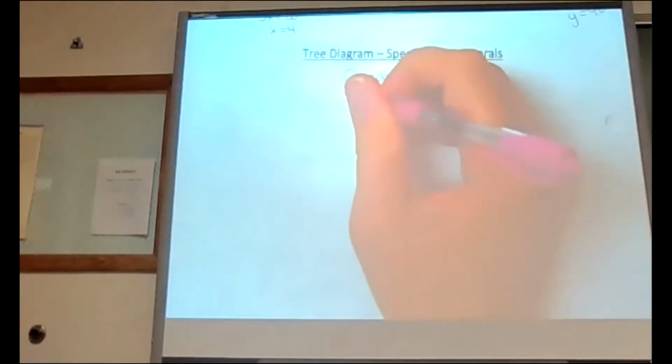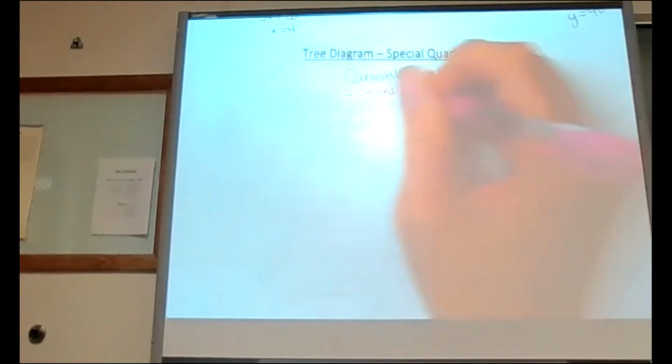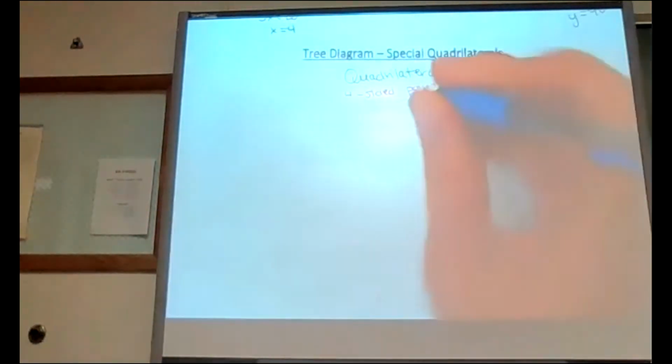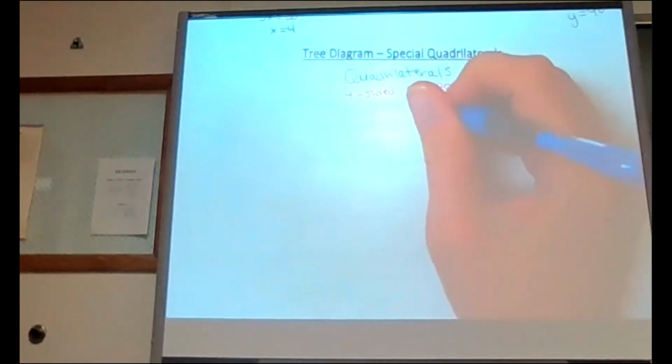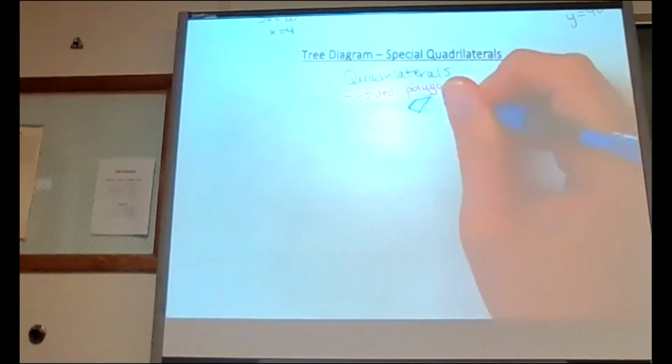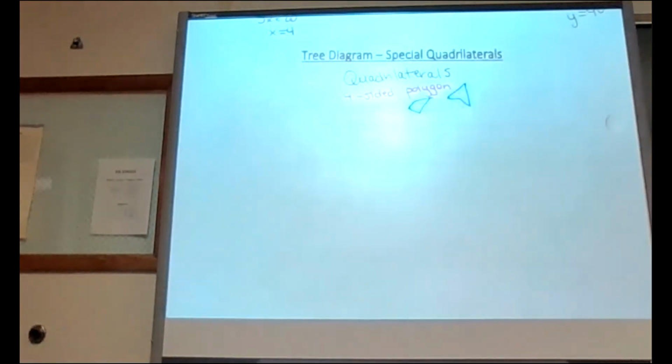Quadrilaterals are just a four-sided polygon. So it could be anything. 1, 2, 3, 4. It would look like this. Okay, we have our quadrilaterals.